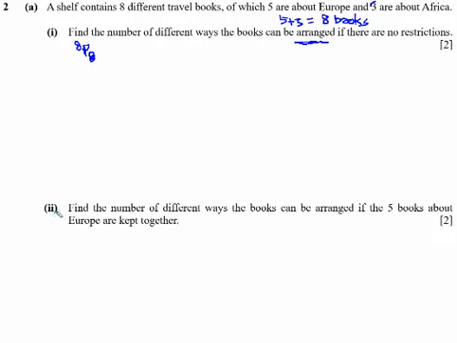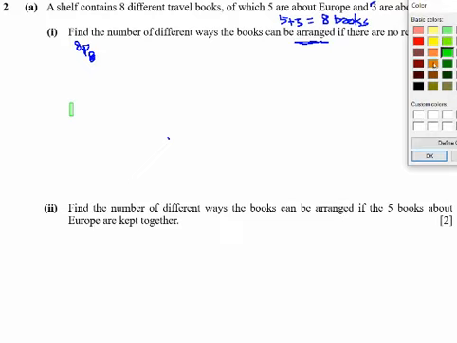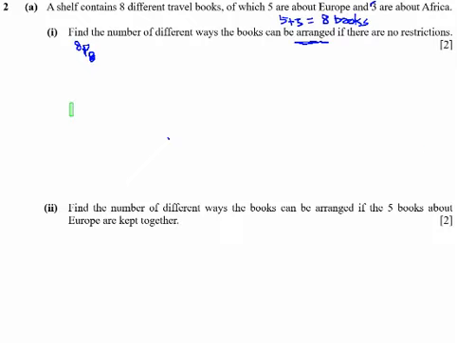Now, let's look at part 2. In part 2, there's a specific requirement whereby the 5 books must be kept together. In other words, let's say these are 5 books, okay?